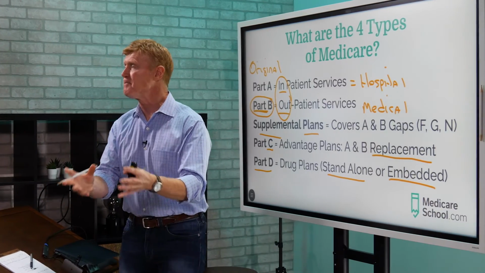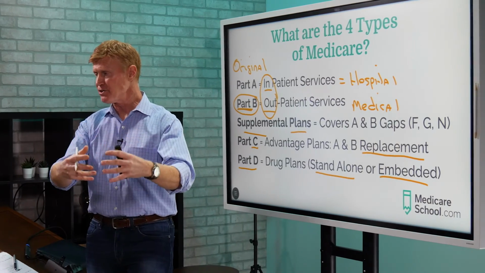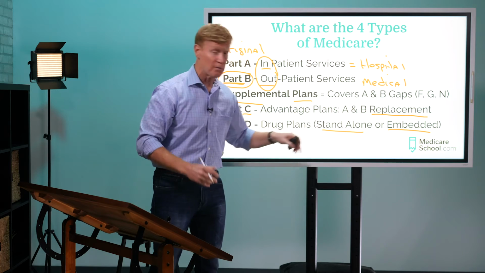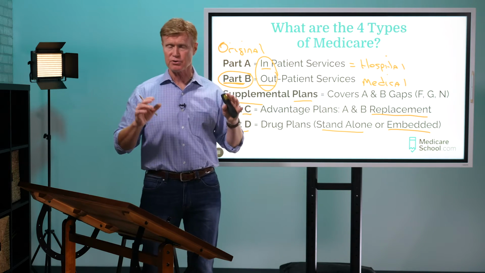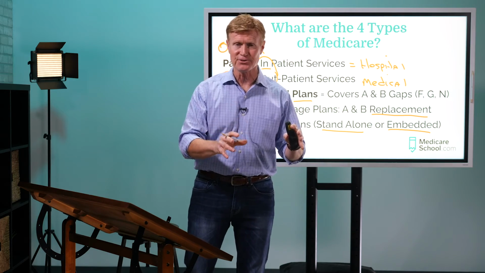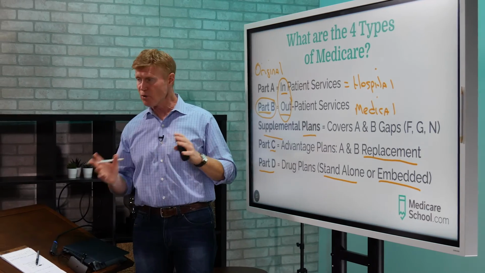In other words, it's part of the package. So that Advantage plan is covering you for inpatient and outpatient, but they're also going to cover you for prescription drugs. And either way you go here, the way these work with drug plans is you almost always have a deductible, and then you also have co-pays for most of your medications as well. All right? And so that's the way your drug plans are going to be covered, either separate or embedded.